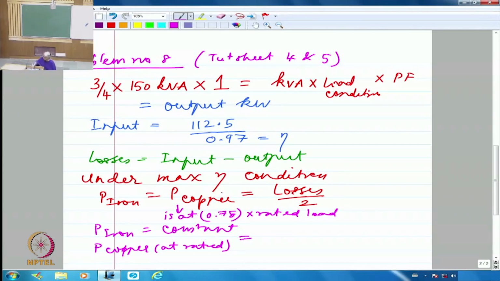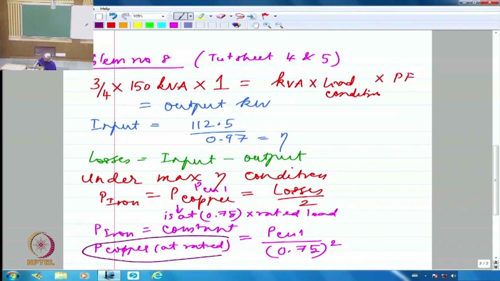Let me call this as PCU1 or something like that. So PCU1 divided by 0.75 whole square. Because copper losses at any load condition X is X square multiplied by copper losses at rated condition. So I am just using the same expression. Right? So now I have got what is rated copper loss. I have got what is rated iron loss.